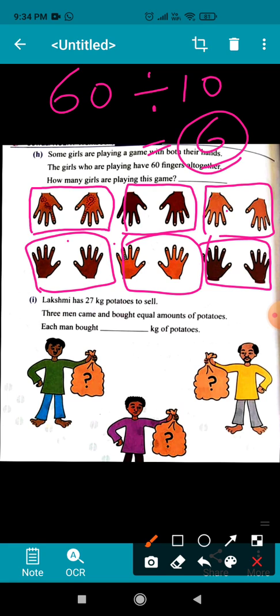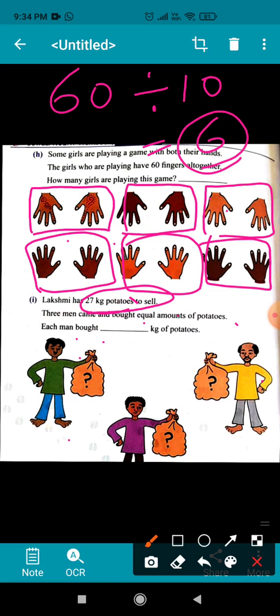Similarly, we will do this question. Here 27 kilograms of potatoes are to be sold. 3 men came and bought an equal amount of potatoes. Here you can see these 27 kilograms of potatoes are equally distributed among these 3 men. So each man will get how many kilograms of potatoes?